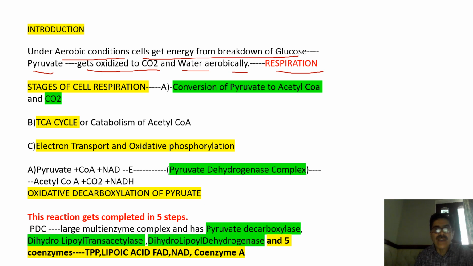So there are three stages of this cellular respiration. Number one would be conversion of pyruvate to acetyl coenzyme A and carbon dioxide. The second stage would be the tricarboxylic acid cycle, which also means degradation or breakdown or catabolism of acetyl coenzyme A. The third one would be the electron transport chain and oxidative phosphorylation.